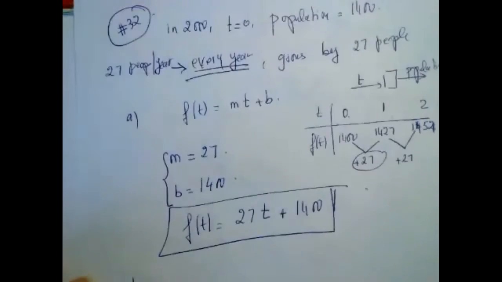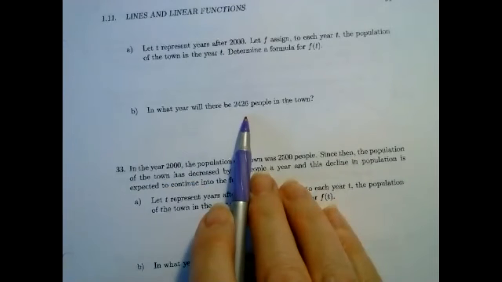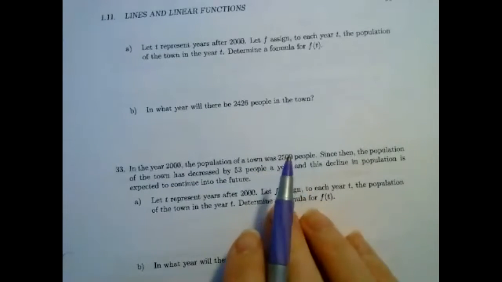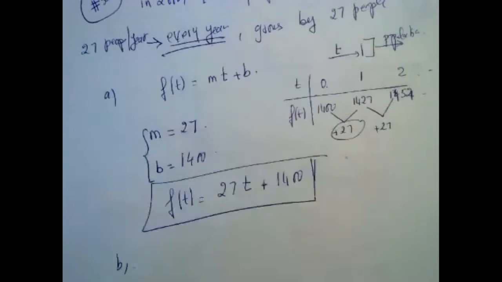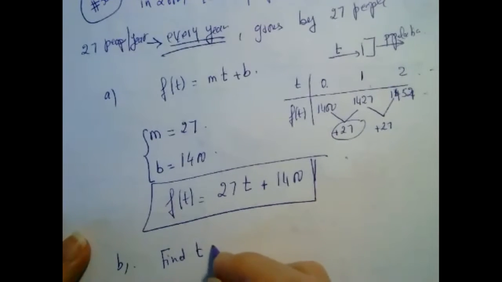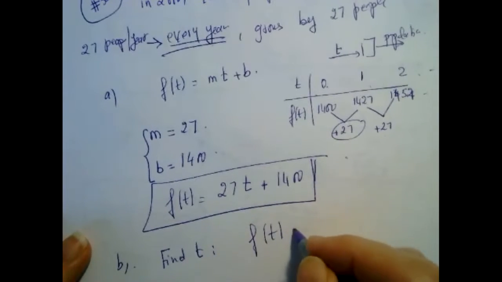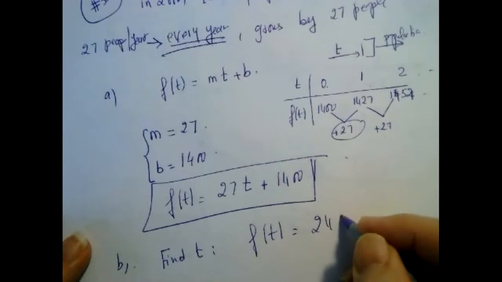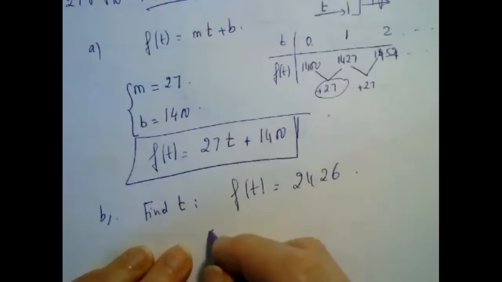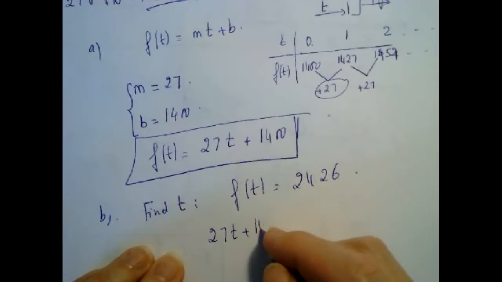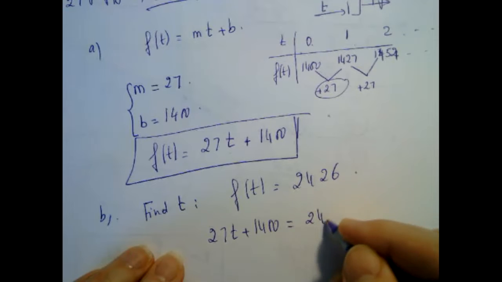Okay, what are they asking us to do? We're going to solve for t such that f of t equals 2,426. So that means 27t plus 1,400 equals 2,426.